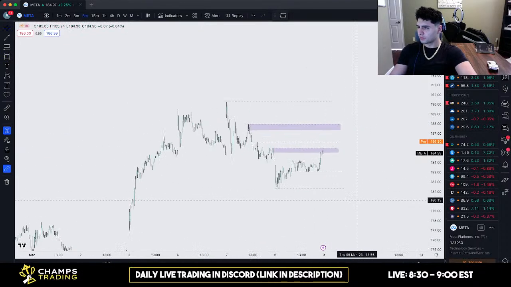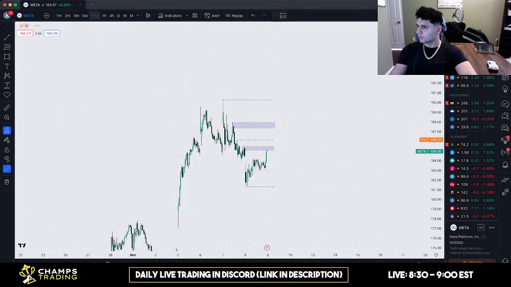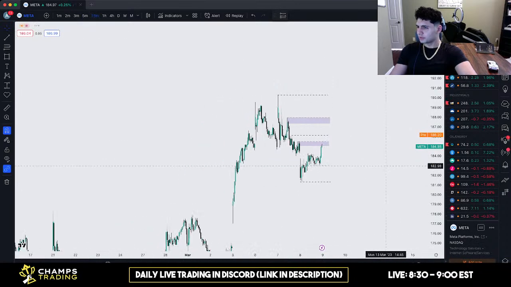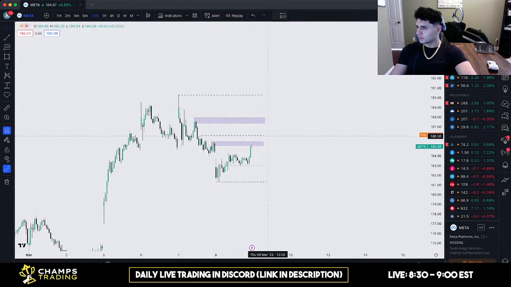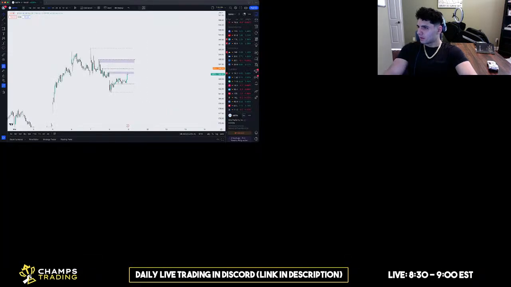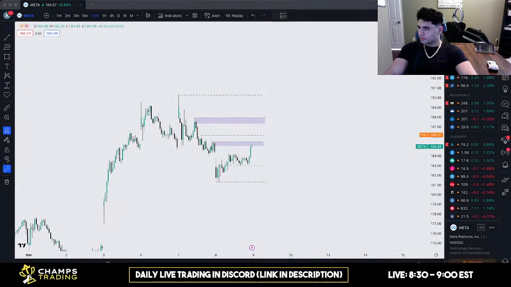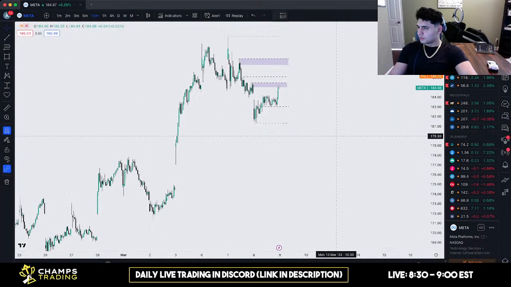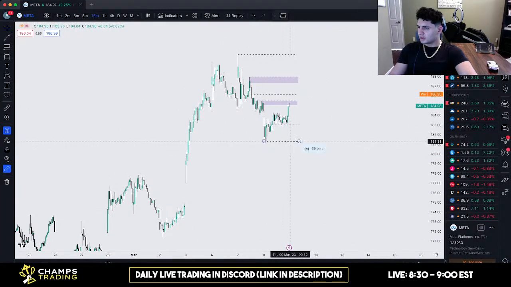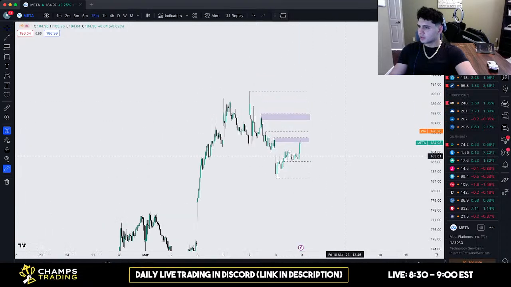Okay, hopefully that helps. But if you run these lows here, that's a different story as well. So it really comes down to how the 15-minute candles are reacting to these levels. Okay, so just keep that in mind.